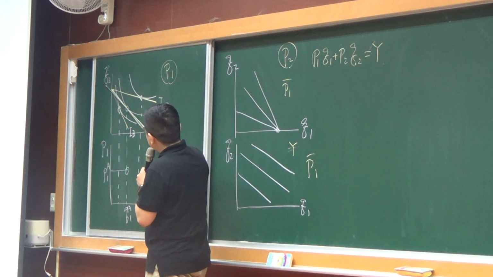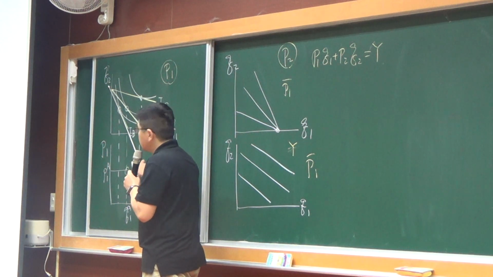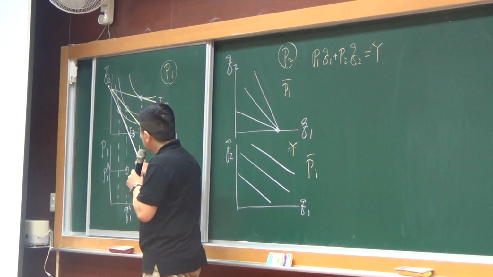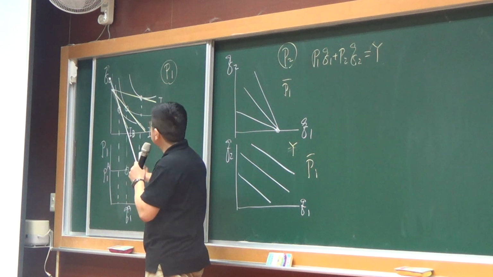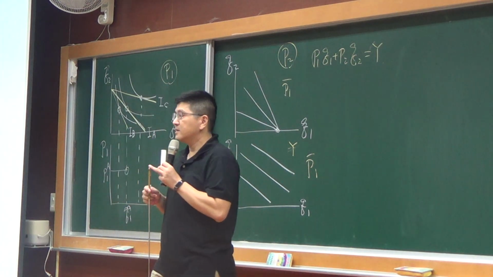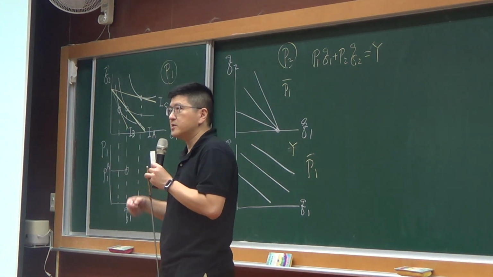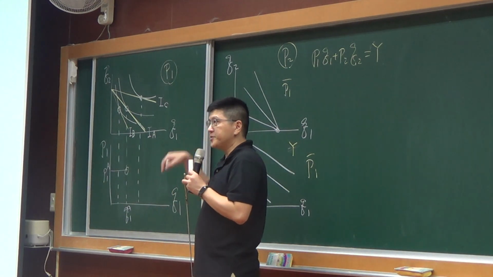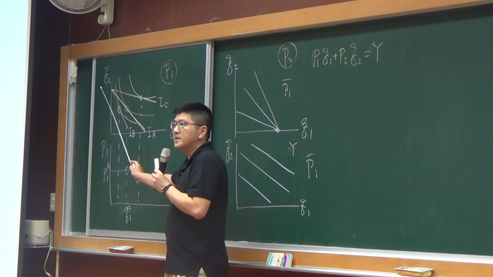So now we rotate the budget constraint from IA to IB. So what happened to P1? Do you think P1 increases or decreases? It goes up or goes down from IA to IB?